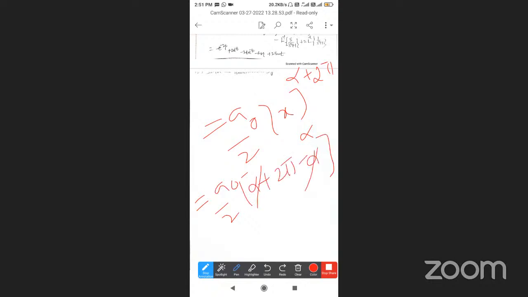Alpha cancels, leaving a naught by 2 into 2 pi; the 2 cancels, and the answer is a naught pi.